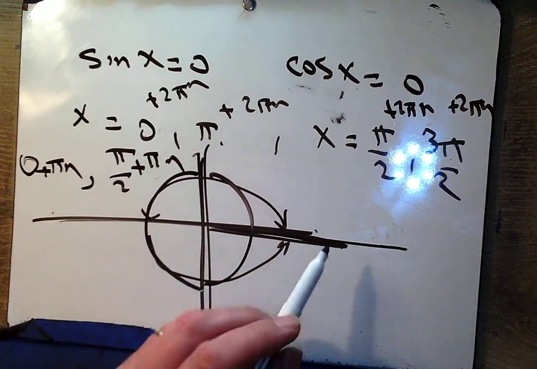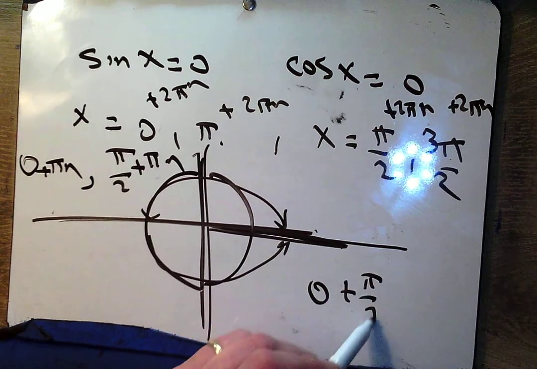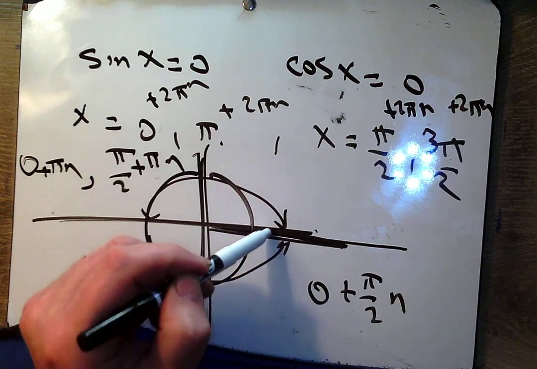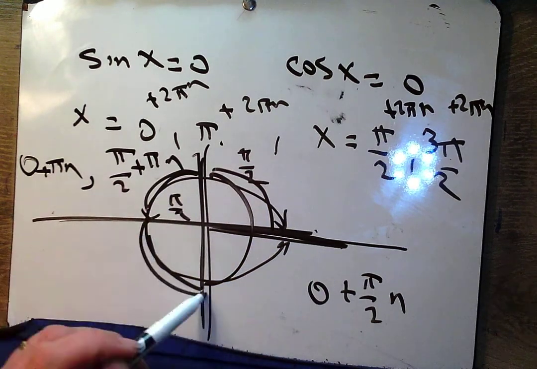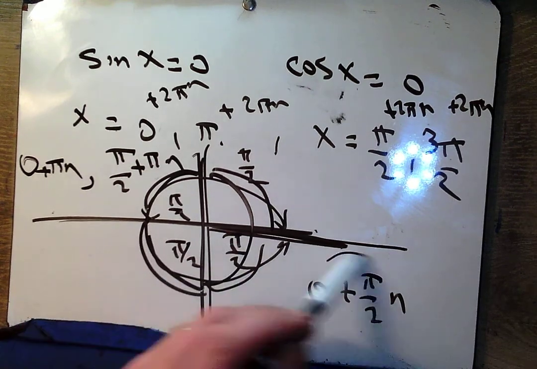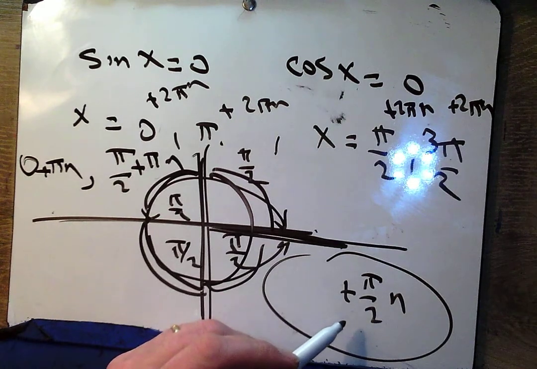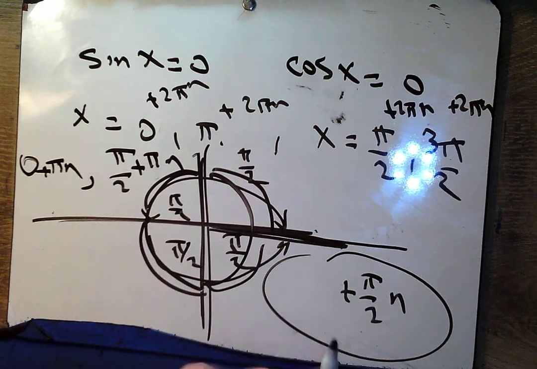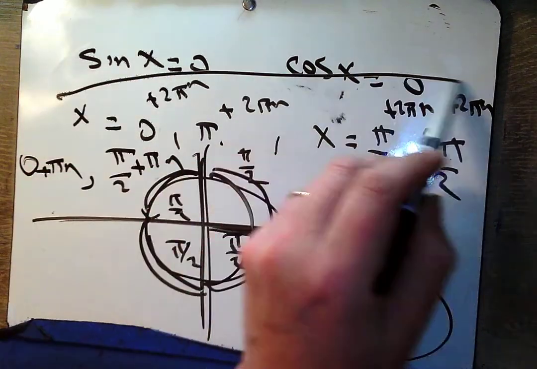But ideally, I'd love to see 0 plus pi over 2 n, because from here to here is pi over 2, here to here is pi over 2, here to here is pi over 2, and here to here is pi over 2. And in fact, you could just put that. But no, we wouldn't mark it wrong if you gave us this one.